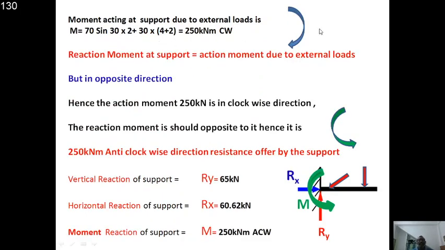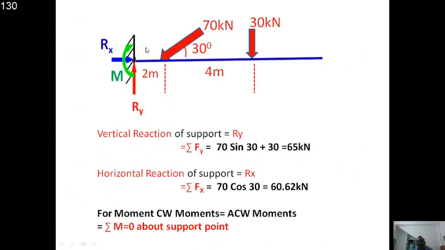Hence, the moment acting at the support due to external load is 70 sine 30 into 2, because it is 2 meters away. You can see in the figure also that 2 meters is away, and this is the 70 sine 30, right?